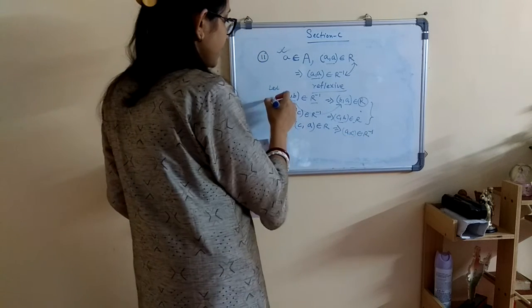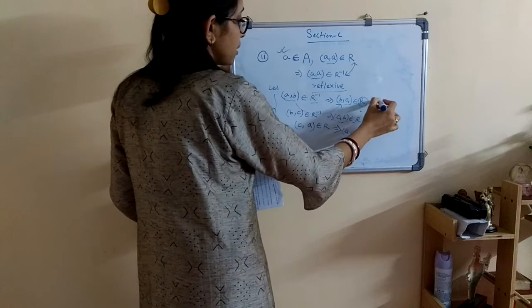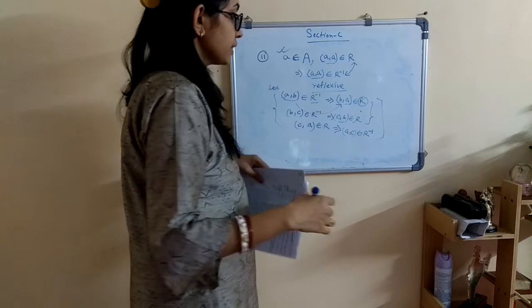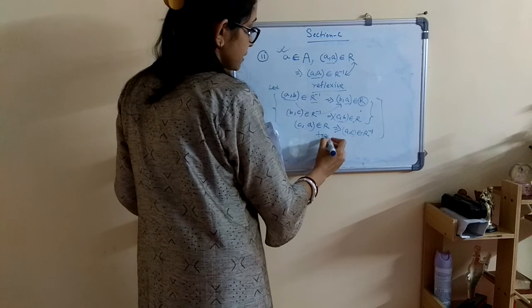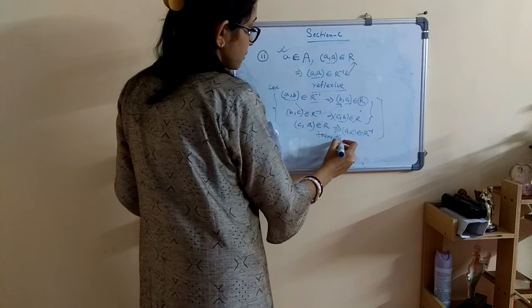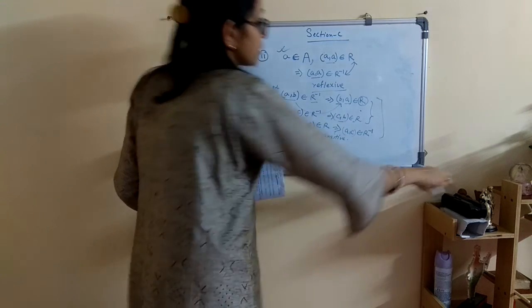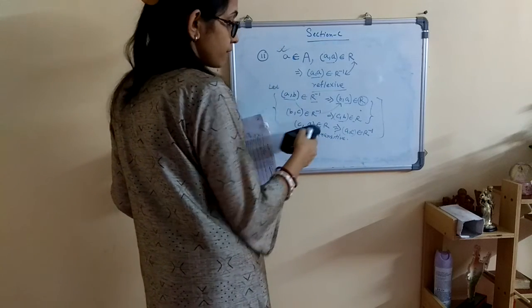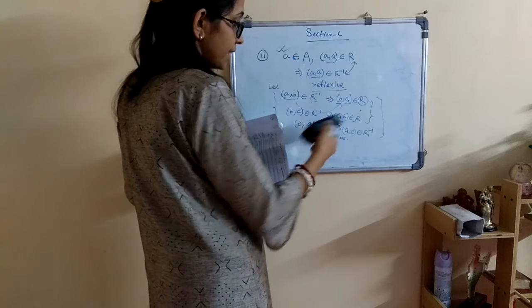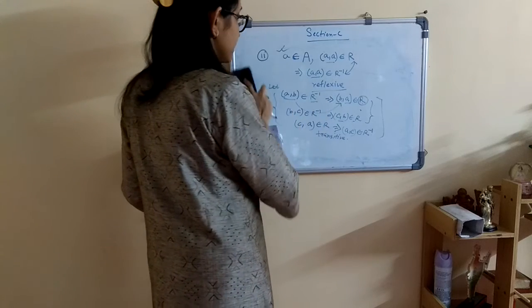So by defining this, I have concluded that R and R inverse are transitive. Why? Because by considering the first two elements, we have then introduced another element C in this.